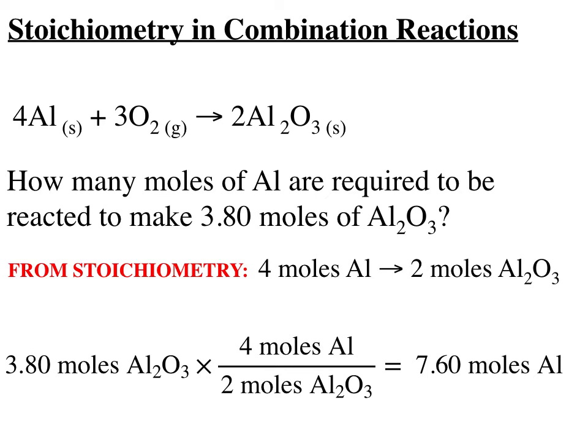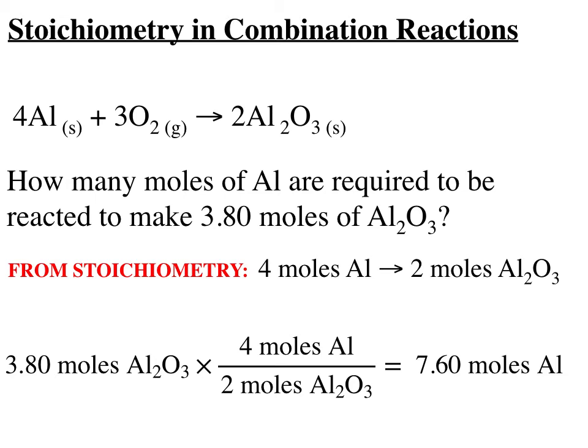Again, this is simply now a dimensional analysis problem where the conversion factor is 4 moles aluminum equal 2 moles of Al2O3. I want to eliminate the moles of Al2O3, so I put the part of the conversion factor containing the Al2O3 on the bottom. That naturally puts the part of the conversion factor for the aluminum on the top.